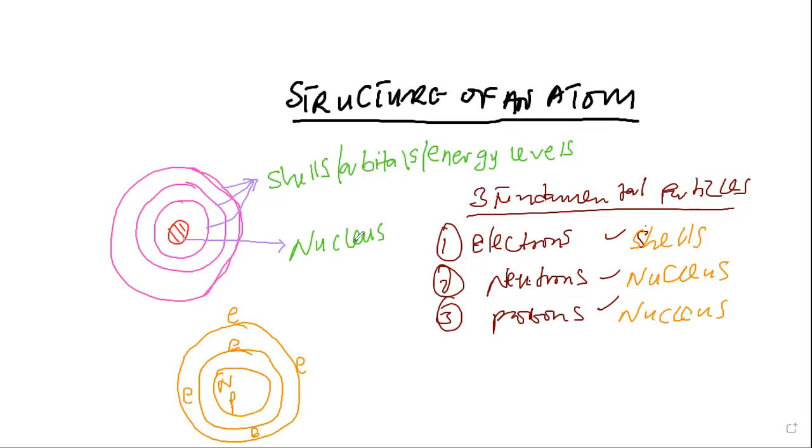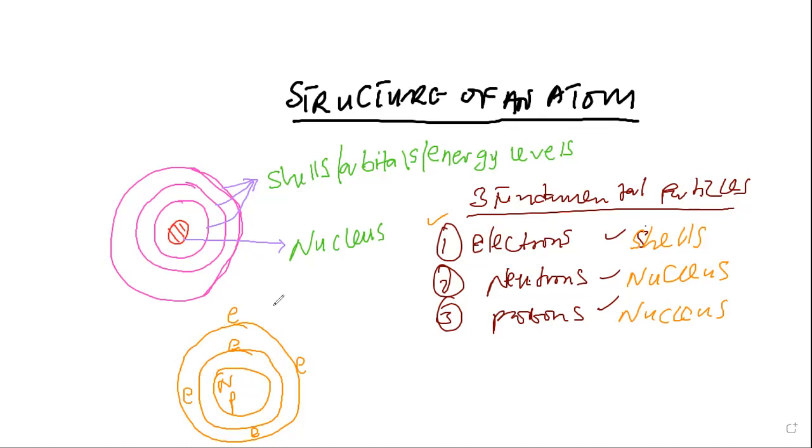So we have a structure of an atom which has two places. These two places are accommodated by the three fundamental particles. Now, where is each of these three fundamental particles located? We've just looked at the electron, which is found around in those rings.